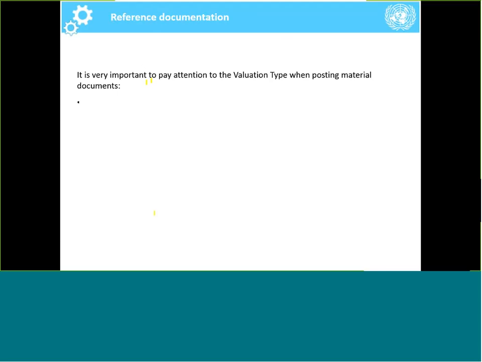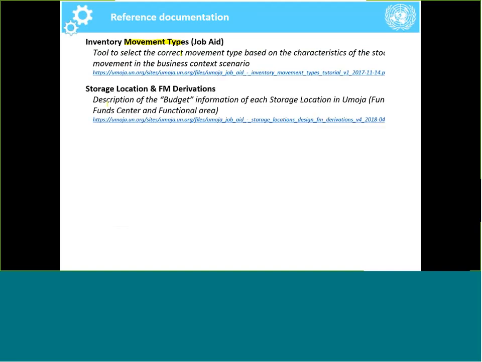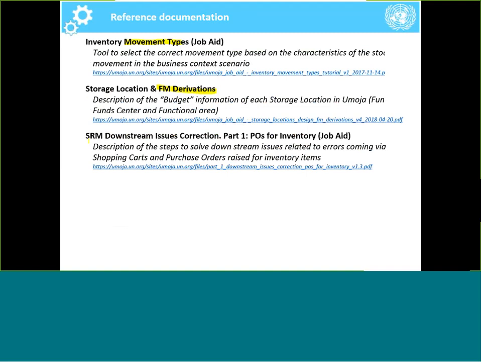And in this last slide you have the different job aids. The one we showed about the movement types, the one about the derivation of each storage location, the one about the downstream issues, and the one we discussed that could help you for the material to material transfer.